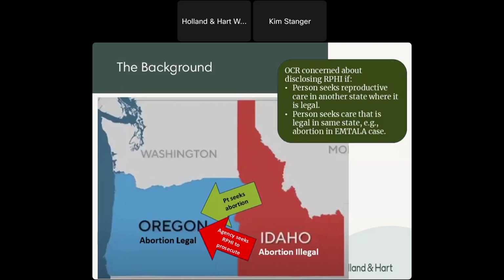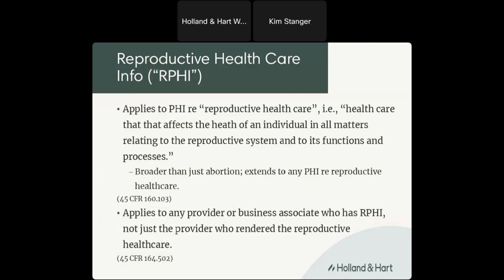Wade and abortion, the Biden administration was concerned about situations where abortion's illegal in one state, a patient may go over to another state to get a legal abortion, and prosecutors from that first state get information from that other state where the abortion was legal in order to prosecute the patient for getting that care.